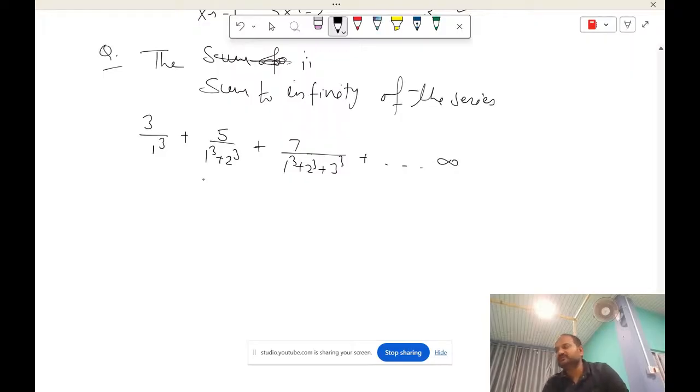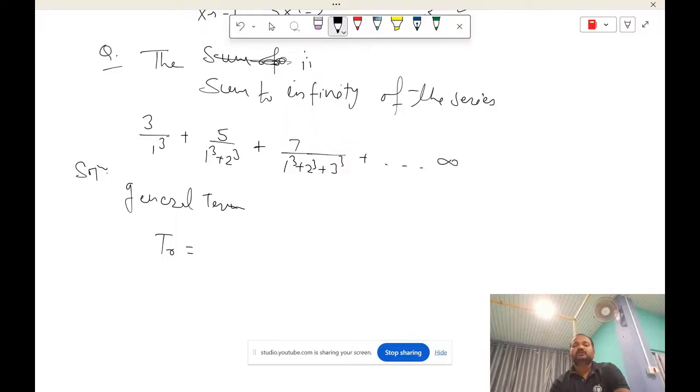Wherever the terms are given in some sequence, we will find its Tr term, the general term, and we can take the summation of the Tr term. Tr, any of the terms, the general term, can be written by looking at the pattern of the numerators.